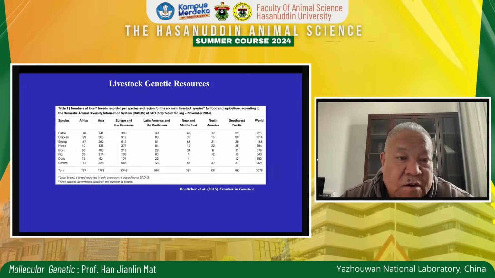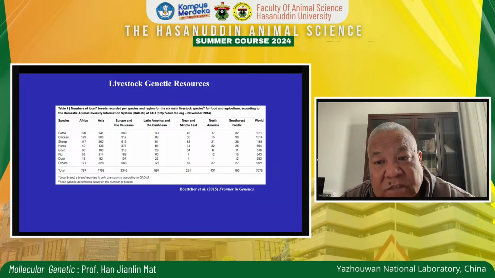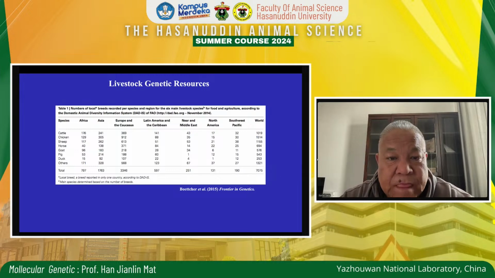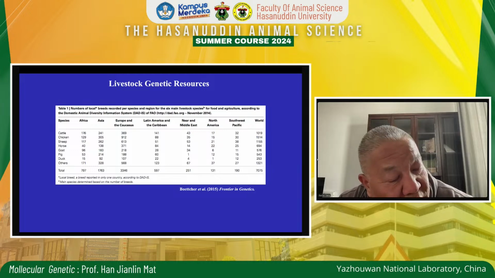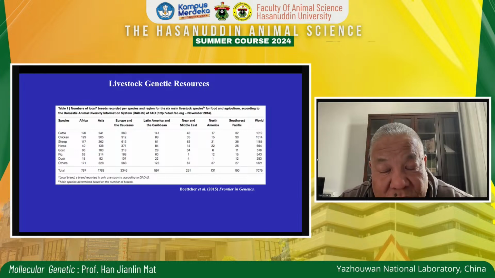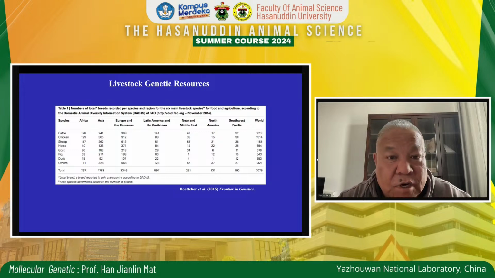But when we move into a factory-based production system, supported by very few commercial breeds, like white leghorn for egg production, that can contribute maybe 90% of the genetic resource for egg layers, while the other broiler breeds, there are only 5 to 10 broiler breeds across the world.